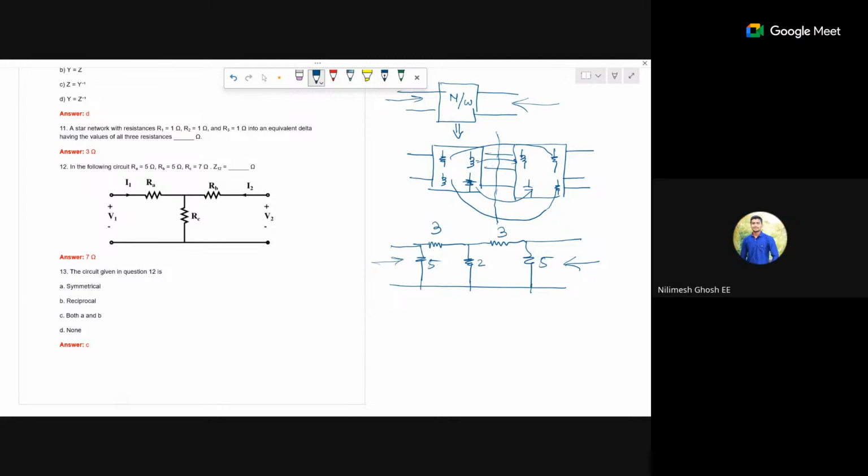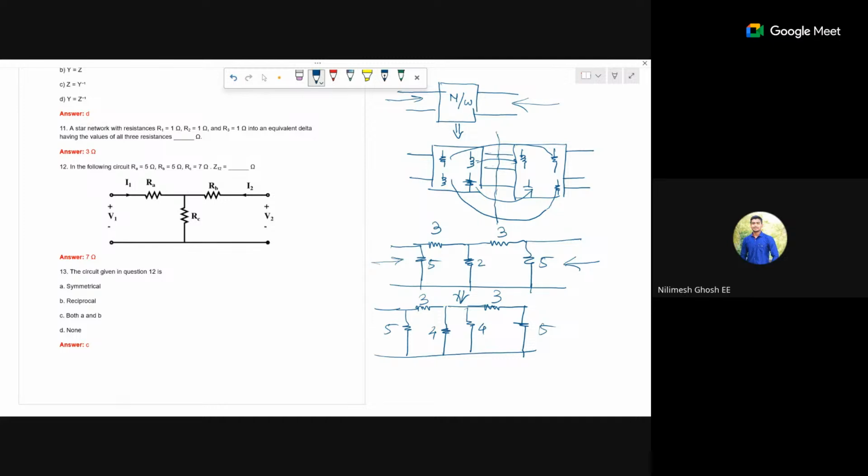If I reform it from the common node, the 2 ohm resistor can be divided into two parallel 4 ohm resistors, which is equivalent to 2 ohm.